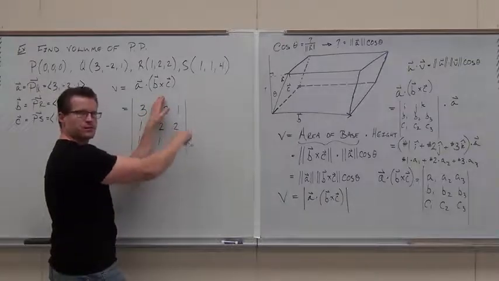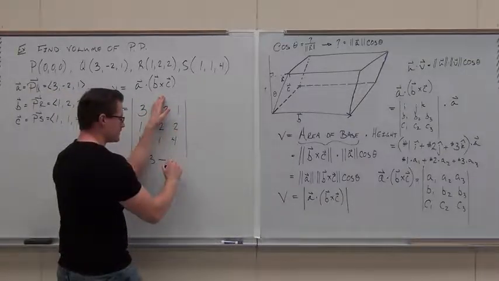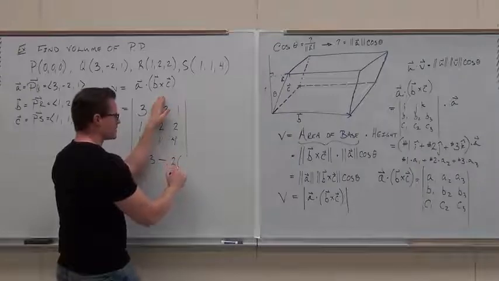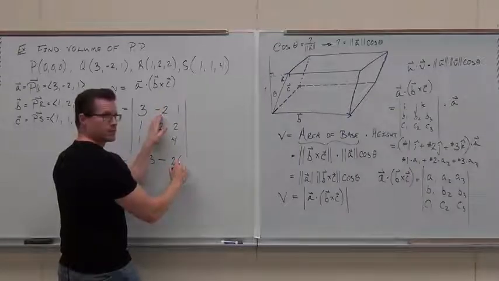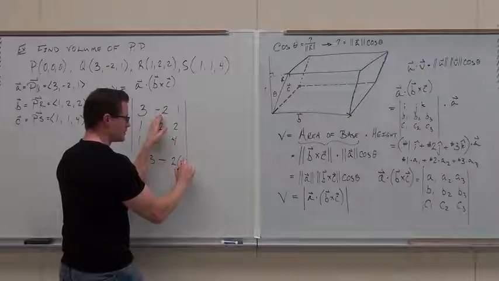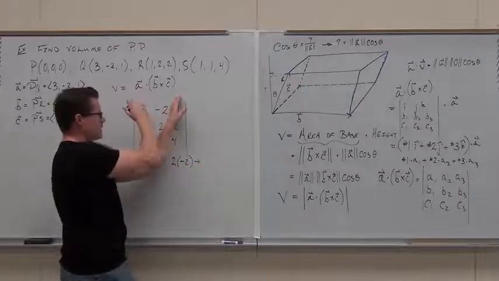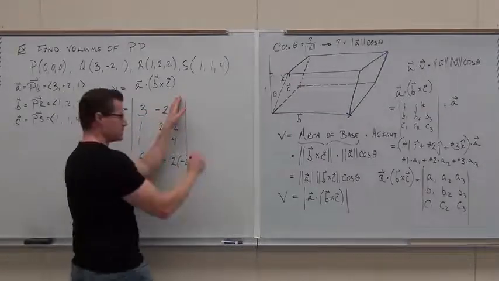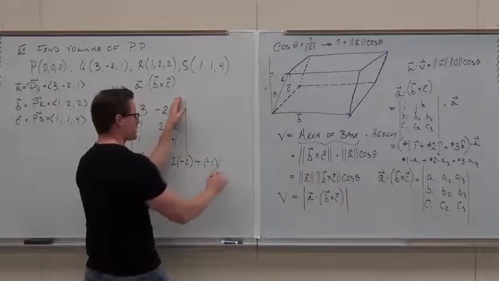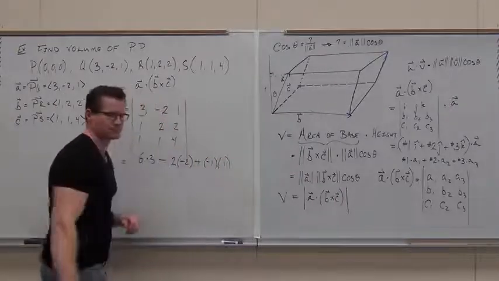I've got 4 minus 2, how much is that? 2. But then I'm going to be multiplying by, be careful and sign, multiplying by -2. I've got 1 minus 2, that's -1, and I'm multiplying by 1.